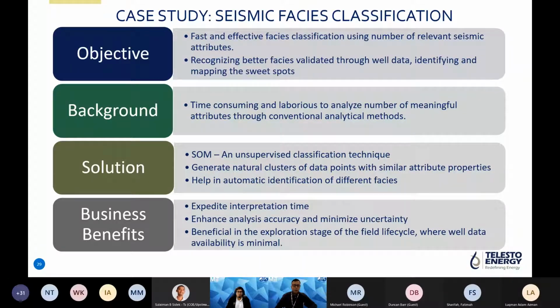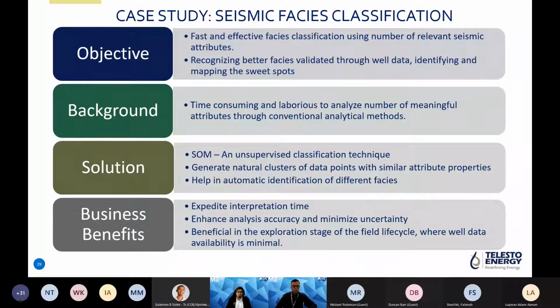So what is the solution? The solution, SOM, is an unsupervised classification technique. So it generates natural clusters. That means when you input a number of data sets or attributes, all the clusters that are related are naturally brought out. So you can automatically identify the facies.